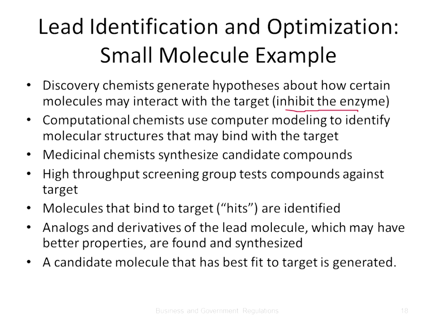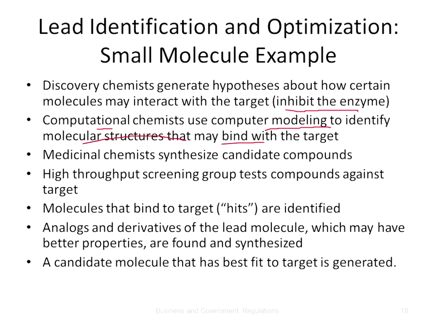So the chemists, based on their knowledge of the structure of the target, can propose molecules that might be able to bind to that compound. Okay, so then the computational chemists use computer modeling to identify molecular structures that will bind to the target.